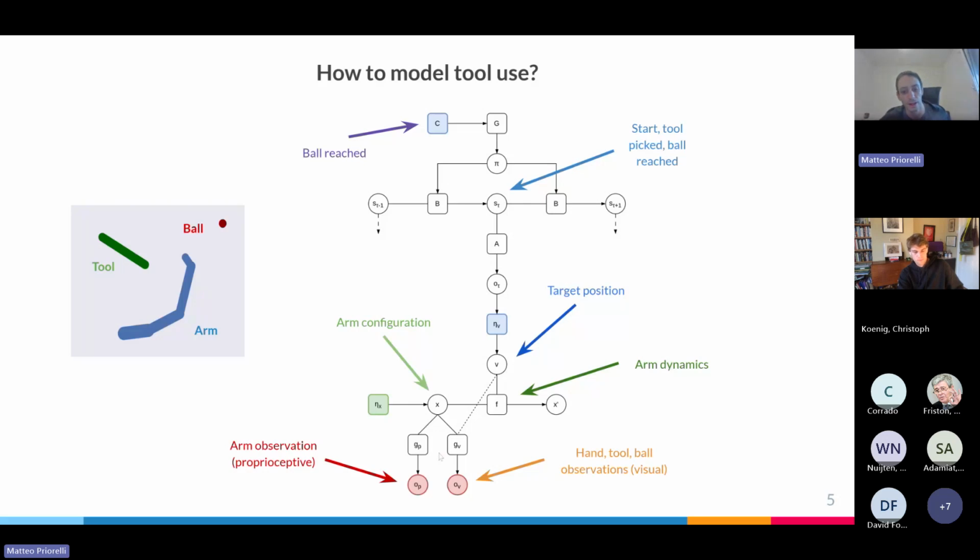And you see here that I plotted two different observation modalities, which are the arm proprioception and the visual observations of the hand, the tool, and the ball.